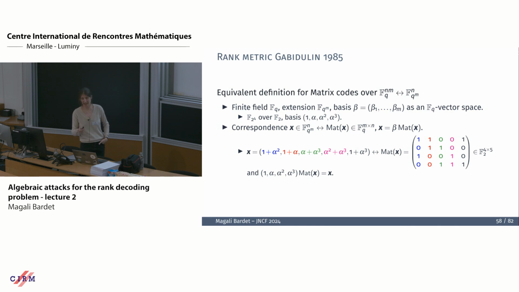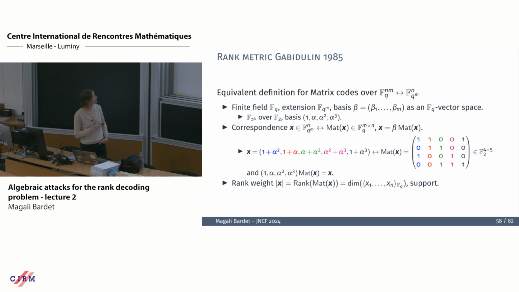It's the same size if you want to represent the data. Just another way of thinking of this metric. And algebraically, you can recover your vector as the product of the matrix times the basis. And the rank is defined in the same way.